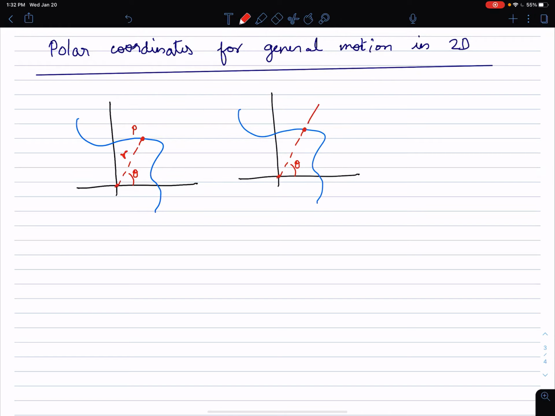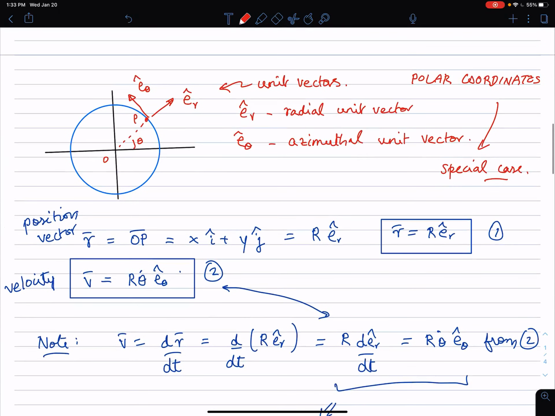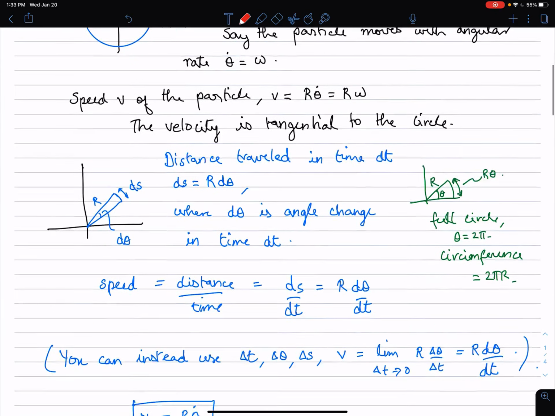So the e_r coordinate axis is basically this direction, and then the e_theta direction is this, and e_theta is defined as being perpendicular to e_r and is in the direction of increasing theta. Basically, it will be going in the anti-clockwise direction because theta is defined to be increasing in the anti-clockwise direction. Sometimes people put these little arrows to indicate how theta changes, but that's the direction of increasing theta.